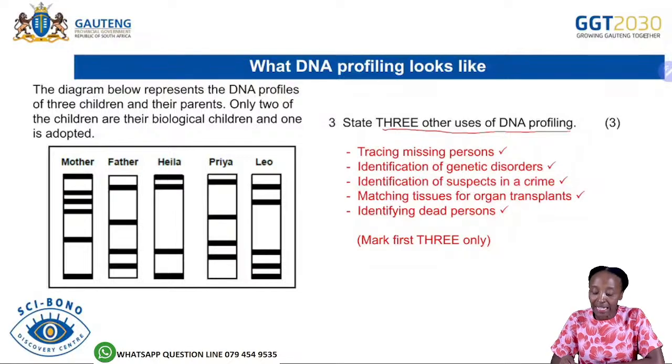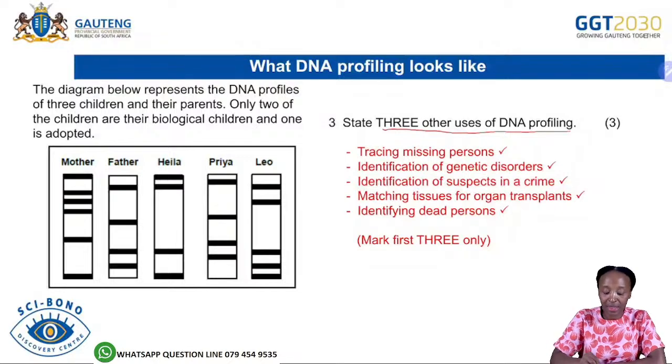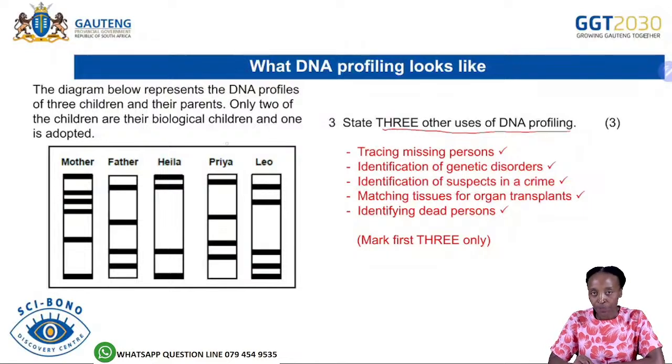So these are all the uses of DNA profiling. The only one that is missing here is the one that was done in the diagram, which is paternity testing. And the questions around this always come out like this. The question will be, what are the other uses of DNA profiling other than the one that is shown in the diagram? And you will see as you practice, because in most of the past question papers, there is one question on DNA profiling.